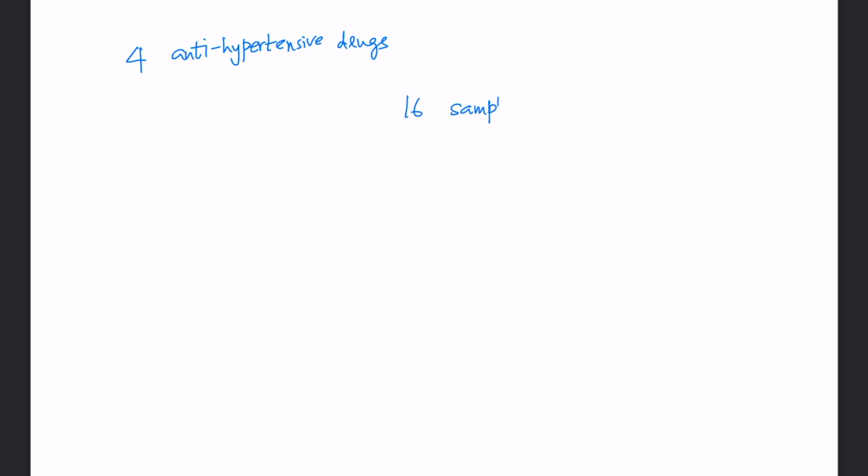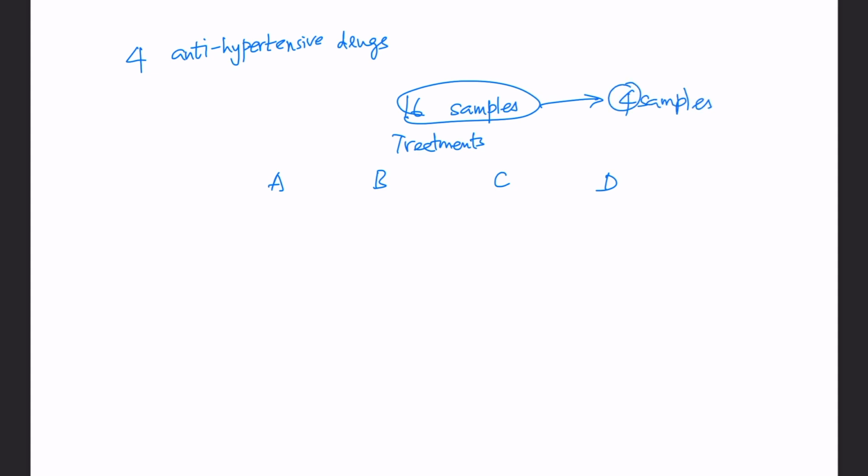Let's say each treatment is A, B, C and D. Let me call these treatments, and in each of them you notice that we split this into 4 samples, which means that there are 4 of them. The test here is to test their blood pressure. Let me call it systolic blood pressure, right?